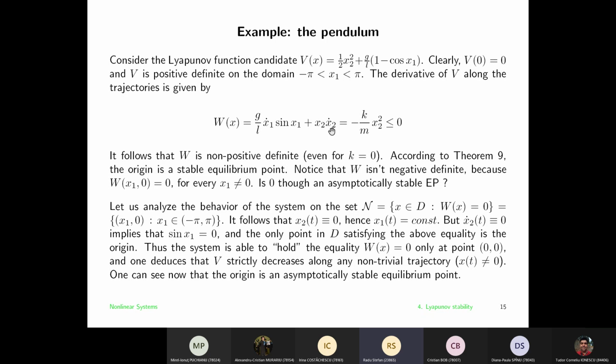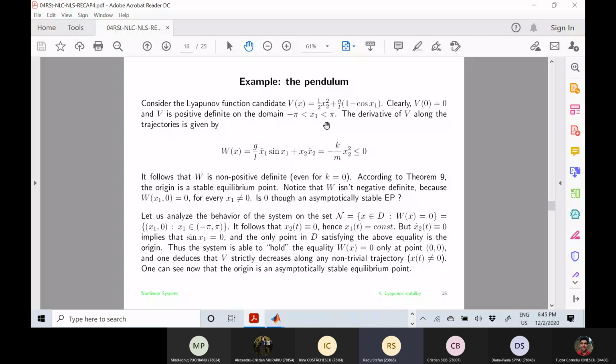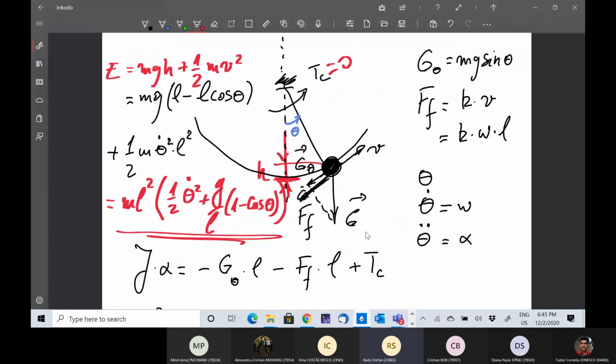Well, we have x2 in x2 dot, and I will go now back to our formulas in the notes.